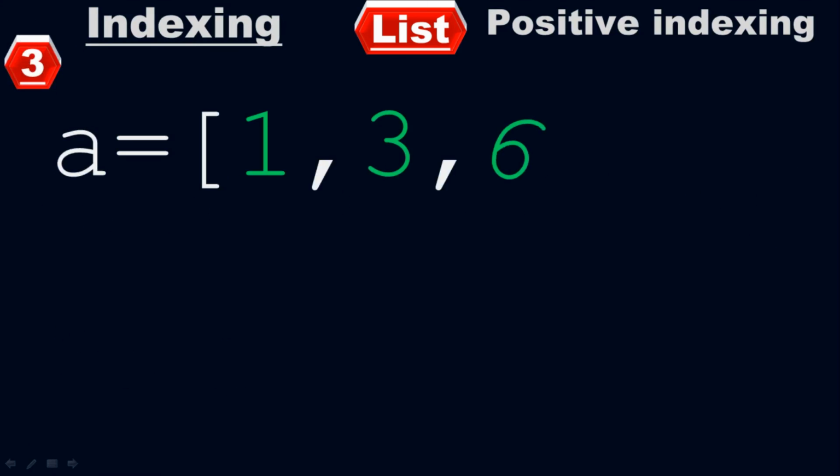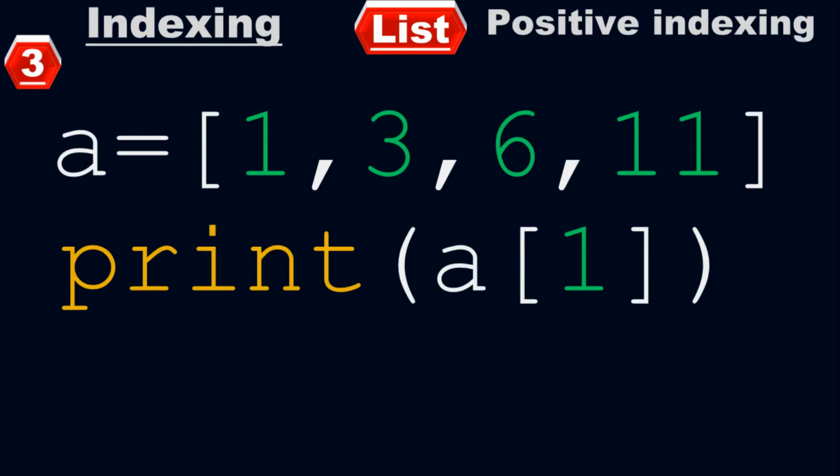Example number 3. If I have a equals to 1, 3, 6, 11, and this time I have print of a of 1, it returns 3. I plug in the index value 1 here, a of 1. Which element has index value 1? 0, 1. 3 is the item of this list which has index value 1 in the computer memory.